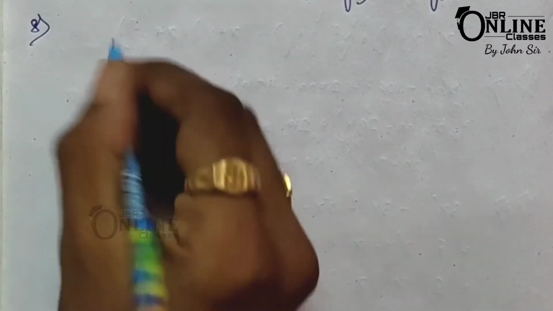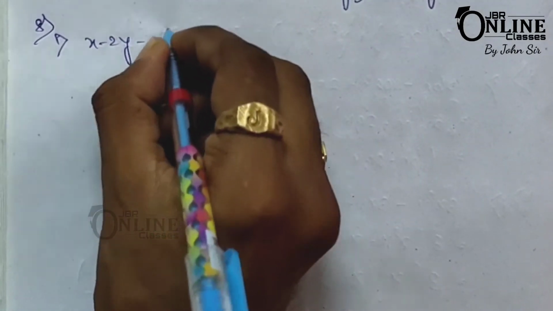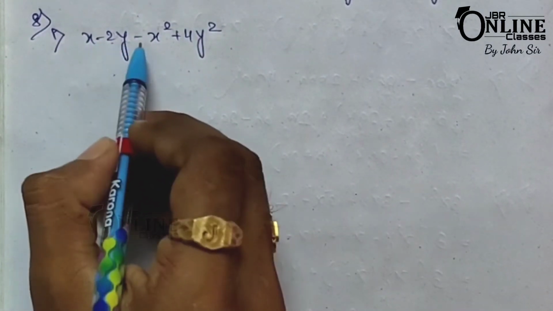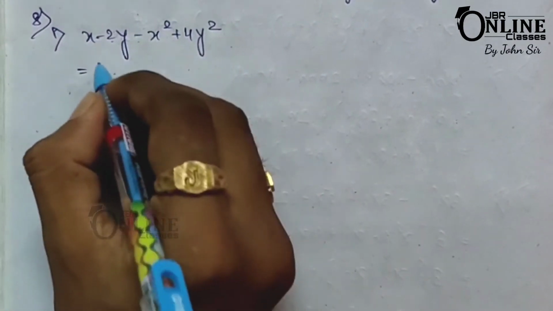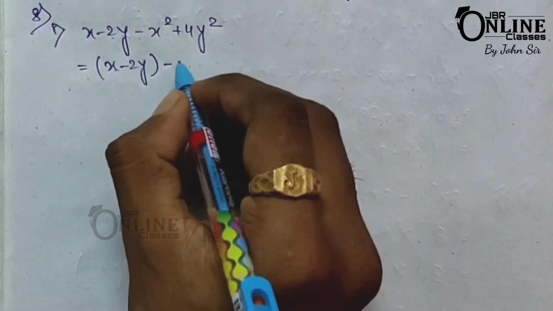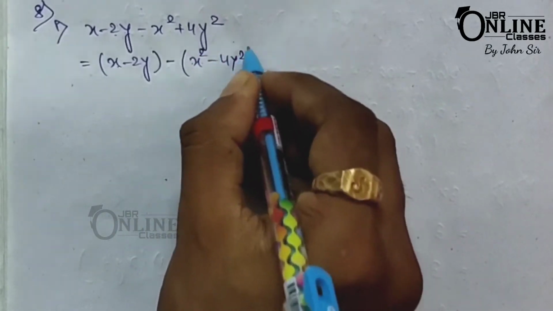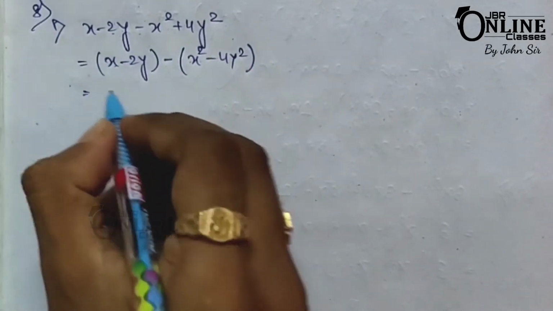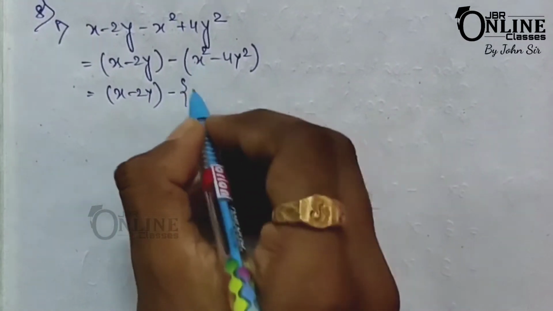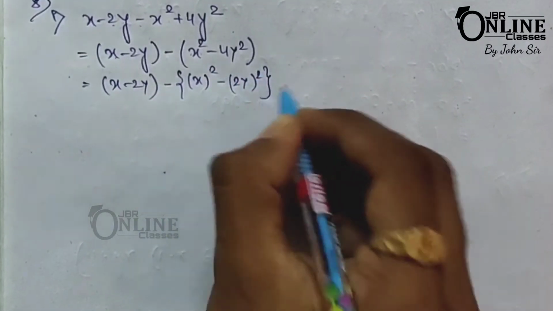Now sum number 8. In sum number 8.1, (x minus 2y) minus x square plus 4y square. Okay, (x minus 2y) minus (x square minus 4y square). So just write down x minus 2y. Now next, if minus is common, then it will be x square minus 4y square. Now the next one, x minus 2y, then minus, and here x square, so write down x whole square, and 4y square, write down (2y) whole square.